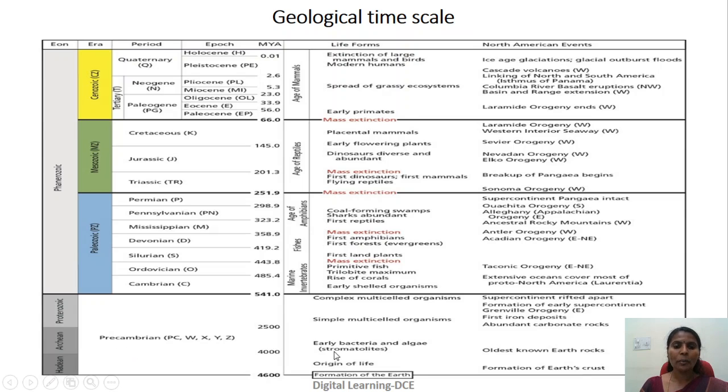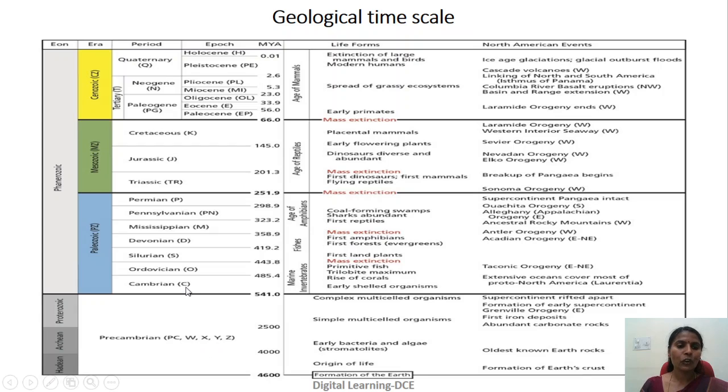Archaeozoic era is dominated by early bacteria and some cyanobacteria or blue-green algae, which is about 2000 million years ago. This Archaeozoic era is followed by Proterozoic era, which is dominated by simple and complex multiciliated organism, which is about 900 million years ago. Azoic era, Archaeozoic era and Proterozoic era together form the Precambrian period.